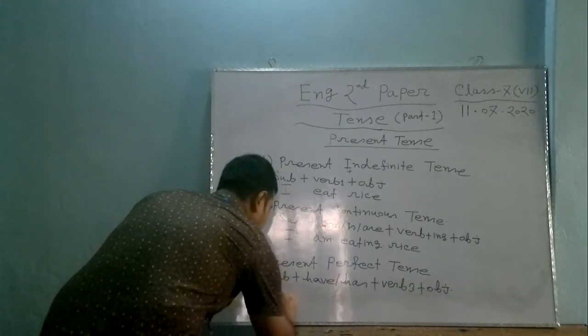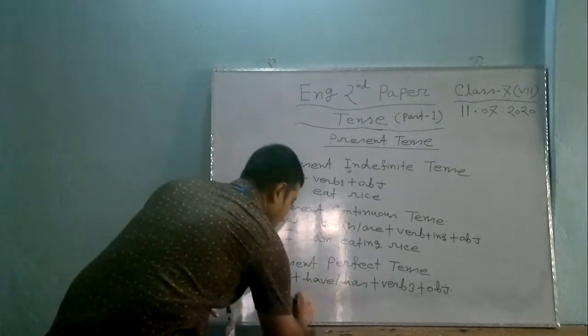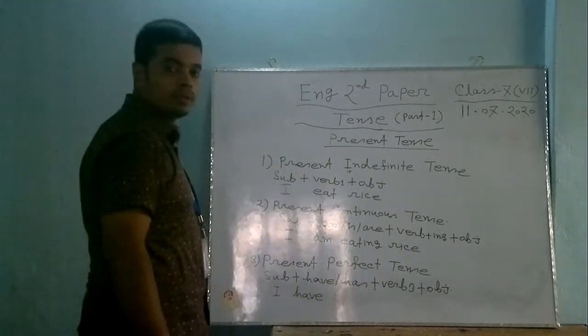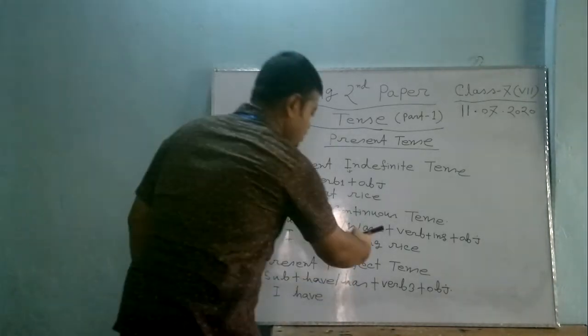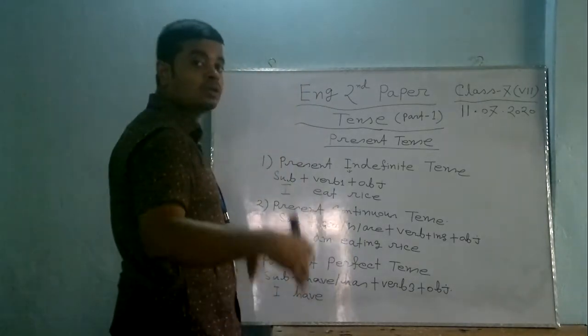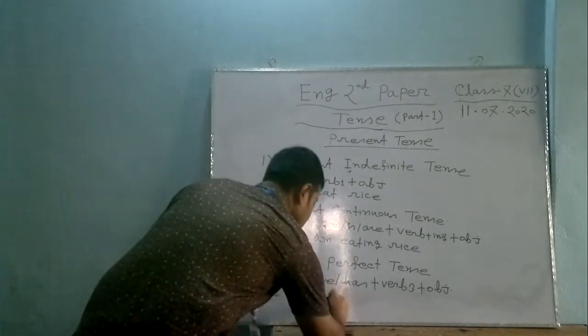Now we make an example here. Subject is I, and we always use the auxiliary verb have with the subject I. Verb 3 of eat: the past participle form, or third form, of the verb eat is eaten.